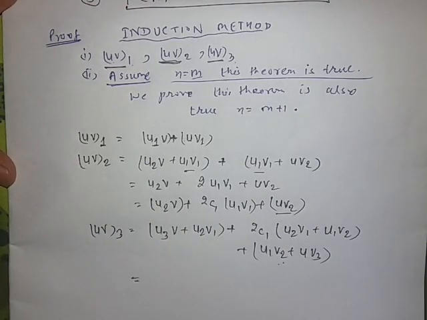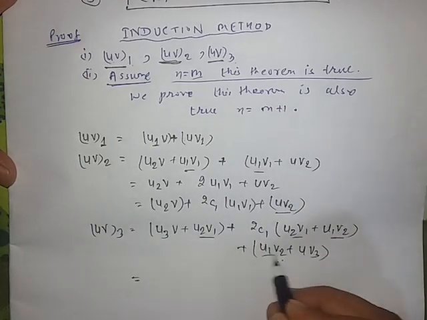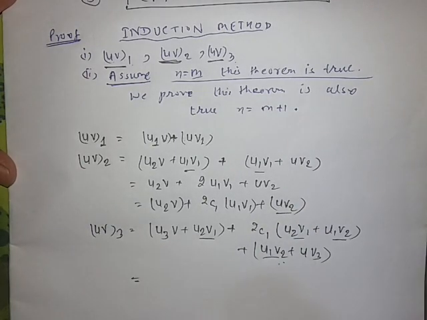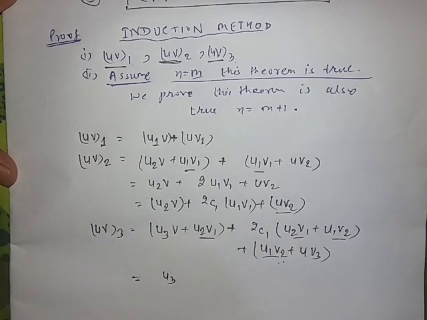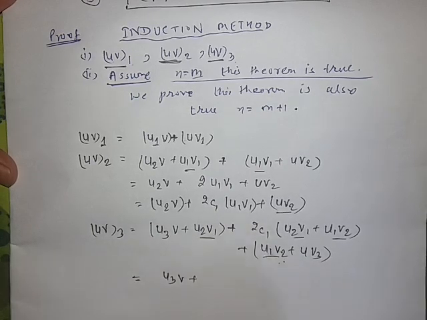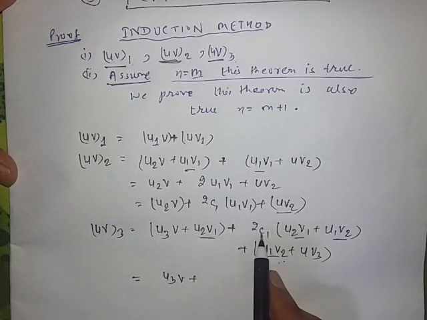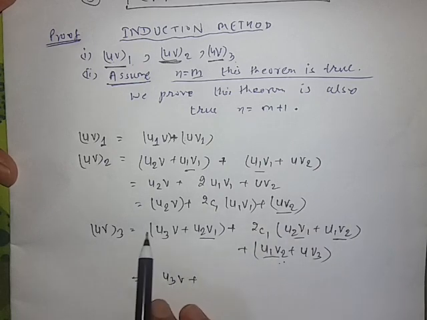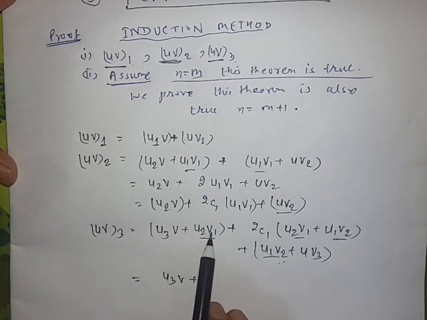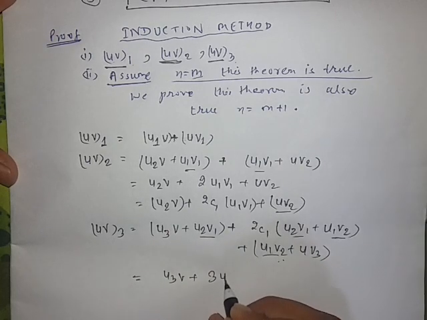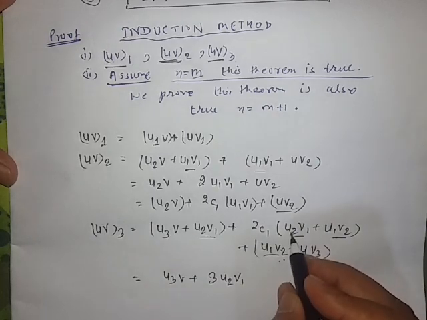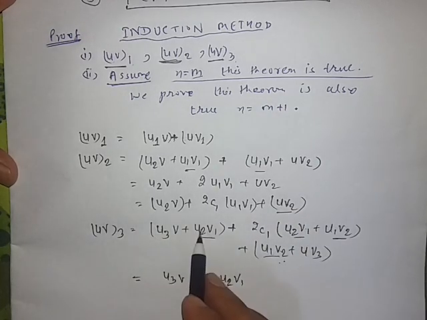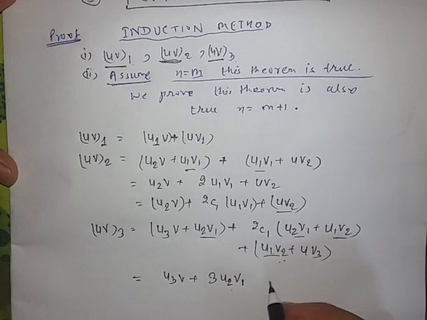Now here also the terms are equal, so we write these equal terms in one place. Then we get u_3 v, and 2C1 equal to 2, and the coefficient of this term is 1, so 2 u_2 v_1 plus 1 u_2 v_1 gives 3 u_2 v_1.